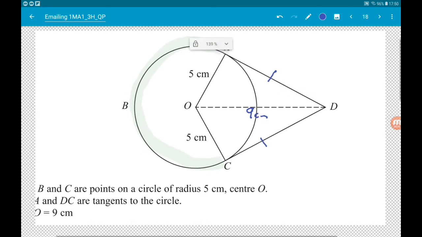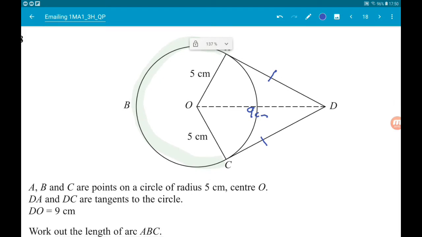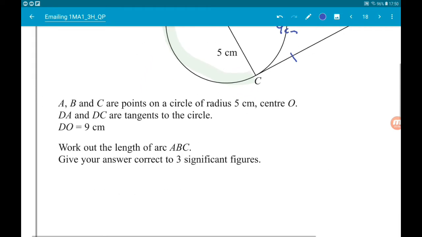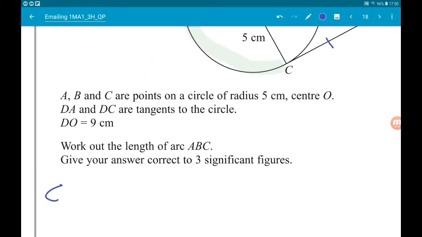So circumference is pi times diameter. Diameter is 2 times the radius. So the circumference is 10 pi centimeters.